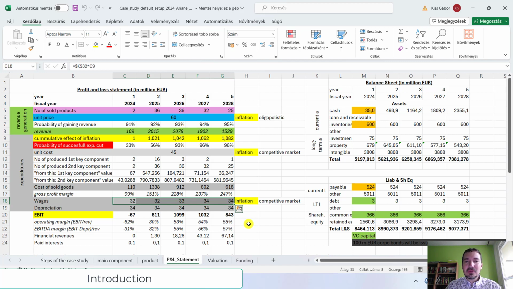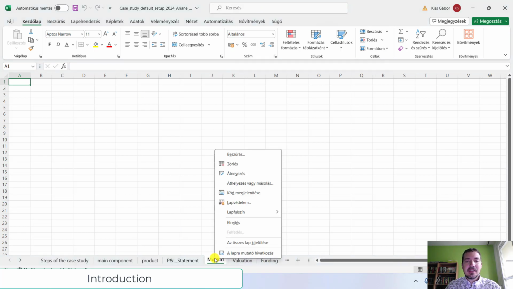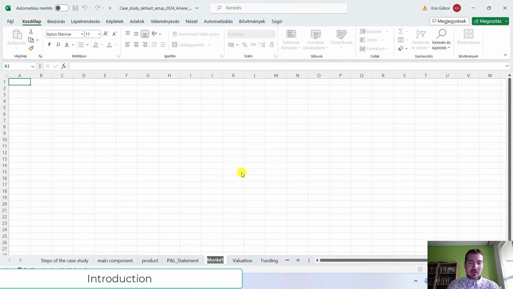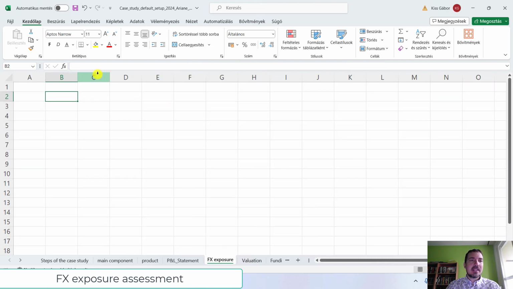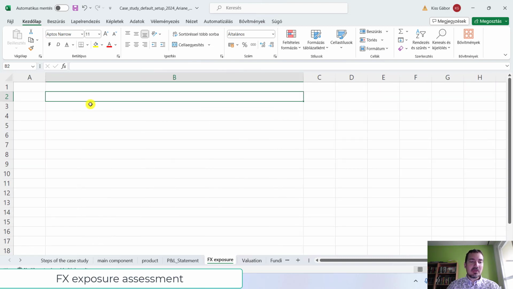So what we have to do now is to create the workflow of foreign exchange exposure assessment. First of all, we have to go through the following questions.